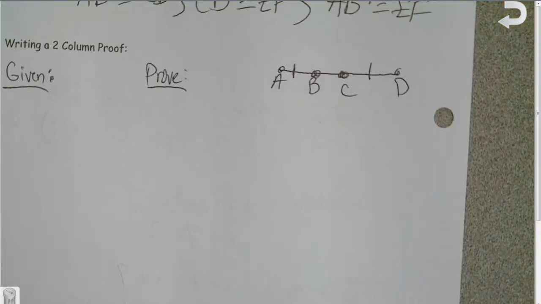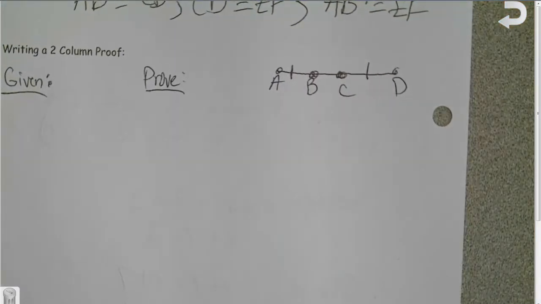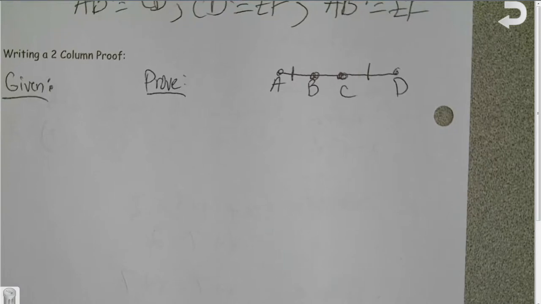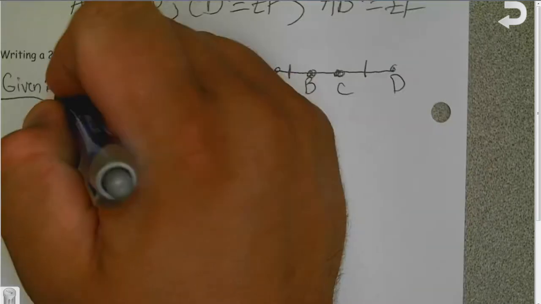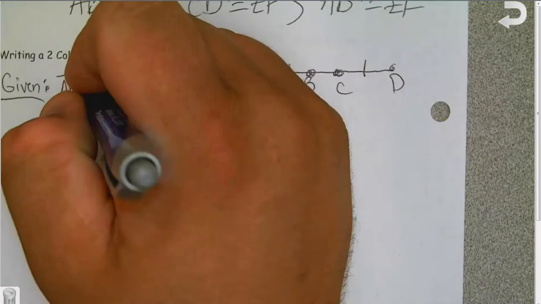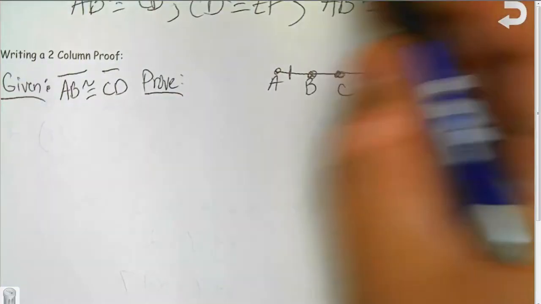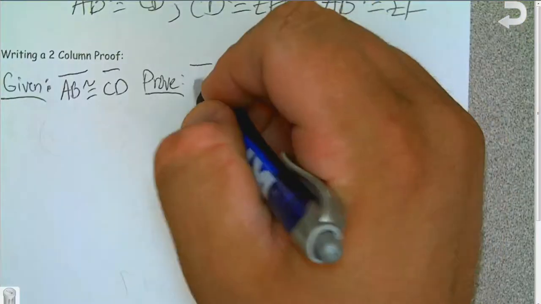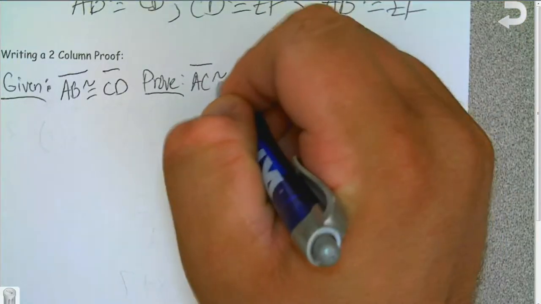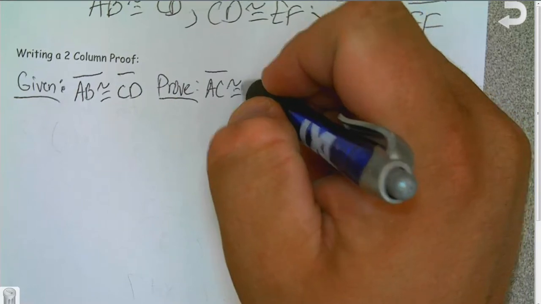And my picture's not to scale, so don't get excited about that. But given that AB is congruent to CD, we need to prove that AC is congruent to BD.